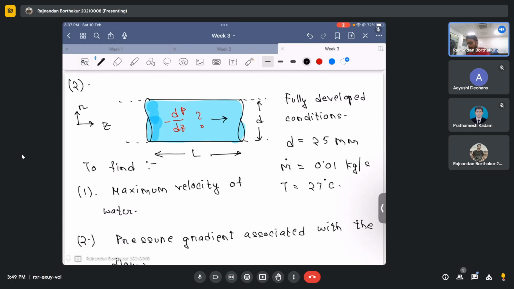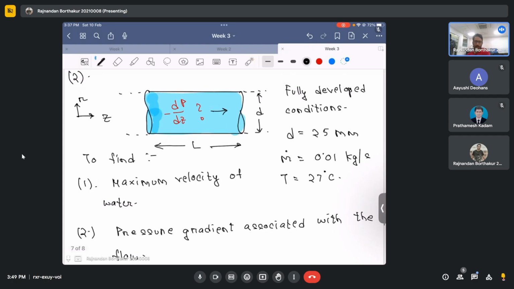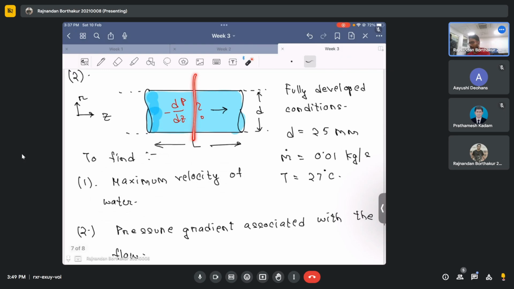Based on this, can you tell me how do we evaluate the maximum velocity here? Remember, the maximum velocity is not the average velocity in case of this Hagen Poiseuille flow, because we already said that the velocity profile would be parabolic in nature. So at these 2 points, the velocity of course would be 0 due to the no slip boundary condition, and the maximum velocity, if you closely observe, will be at the center line because it's a parabola.